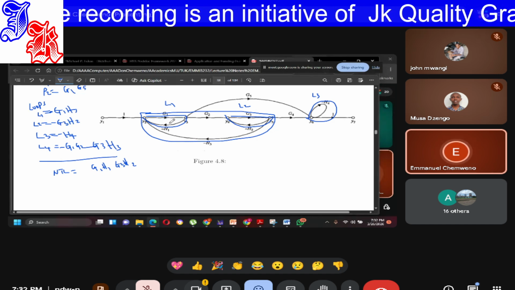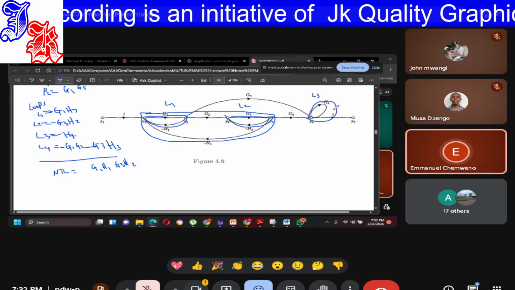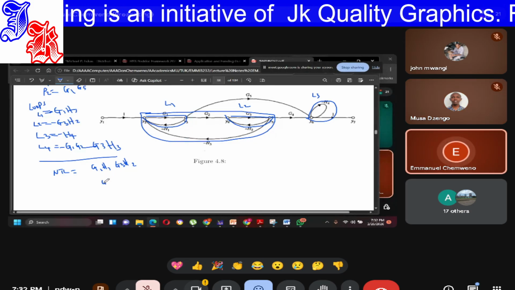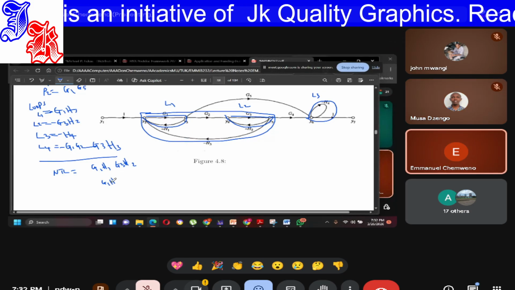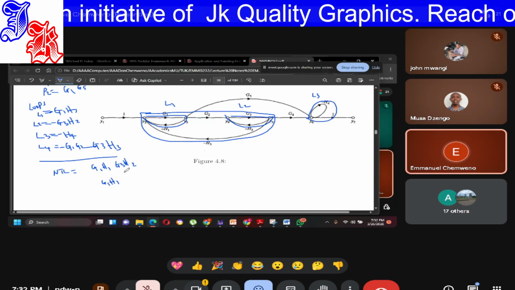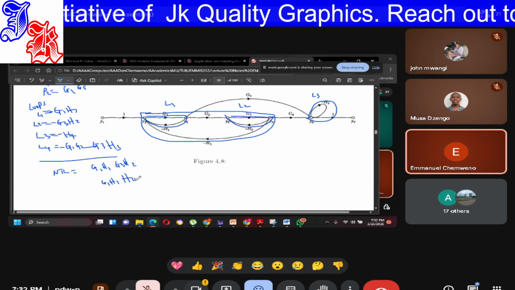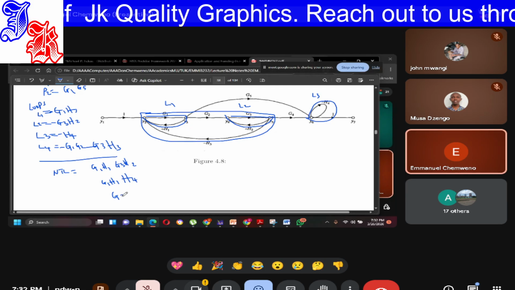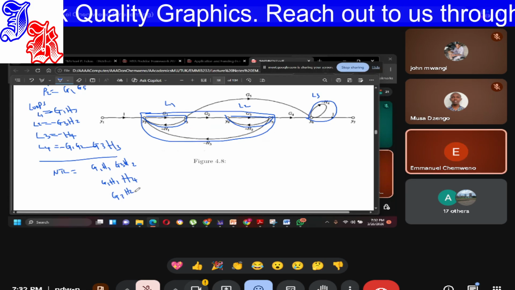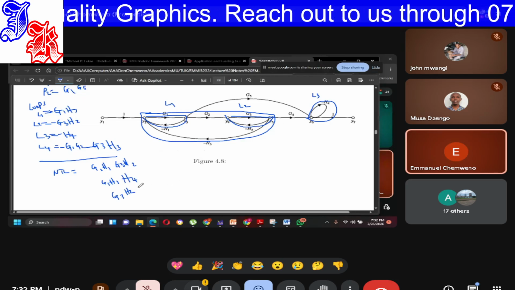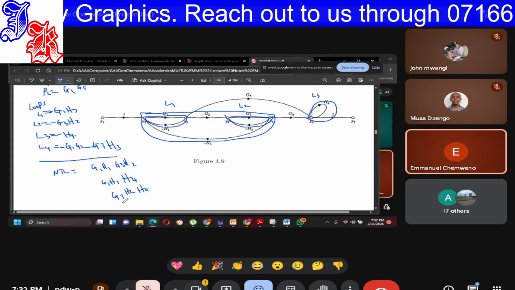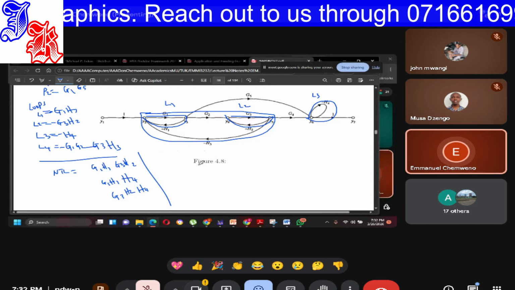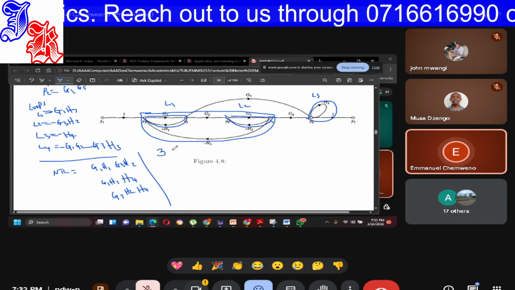The other one is 1 and 3, which is G1, H1, H4. And now loop 2 and loop 3 is G3, H2, H4. The interesting thing about this is that we also have 3 non-touching loops.